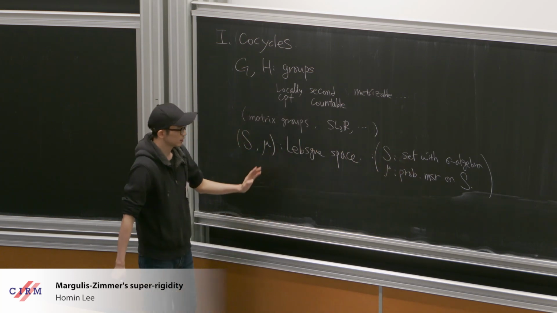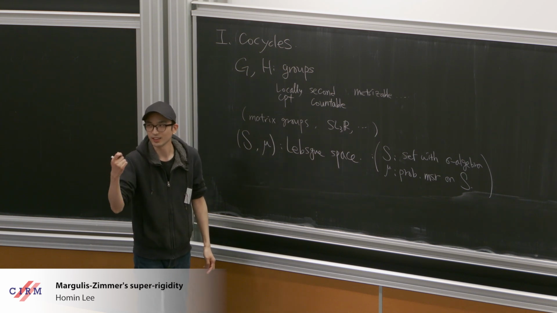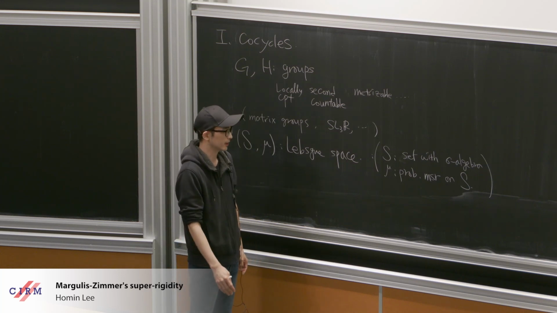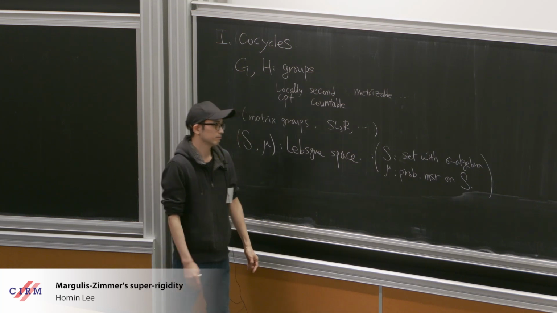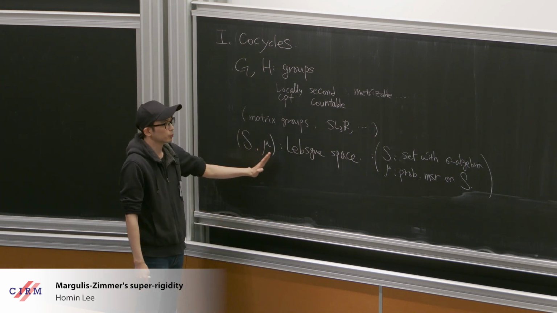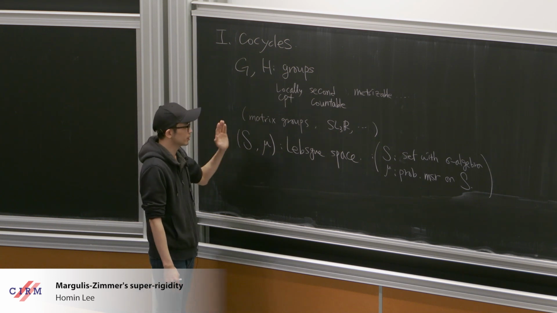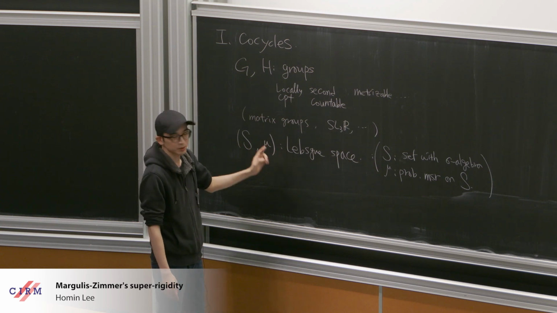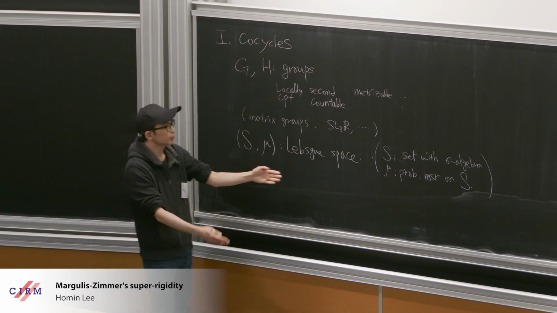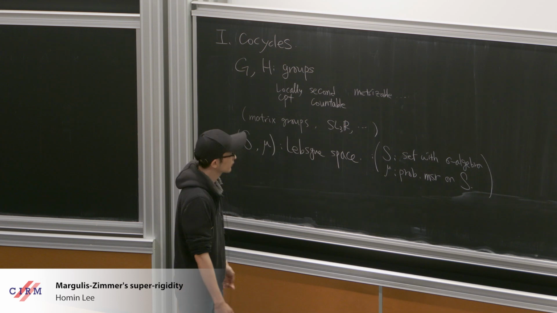Why do I call this a Lebesgue space? Because I don't want to consider something like R with the discrete topology and then the Borel sigma algebra for the discrete topology. I don't want to care about that kind of pathological sigma algebra, but something like a manifold with the Borel sigma algebra, or a complete separable metric space with the Borel sigma algebra, they are all quite nice. But for now, just think of S as a set with a sigma algebra, and mu as a Borel probability measure.